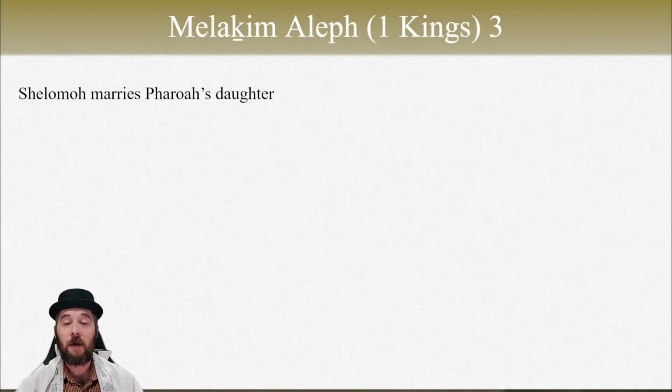And this is most likely what Shlomo was doing for the most part, is that all these wives and concubines he had were like political alliances and affiliations. They were done for probably political reasons. But the first one we're told about here is the marriage to the Pharaoh of Egypt and marrying his daughter.